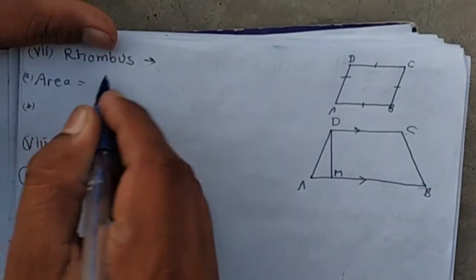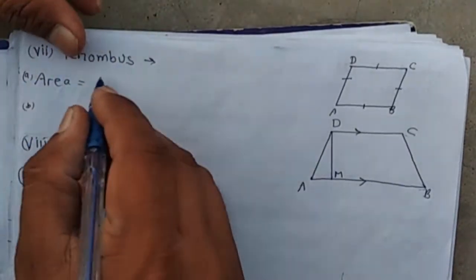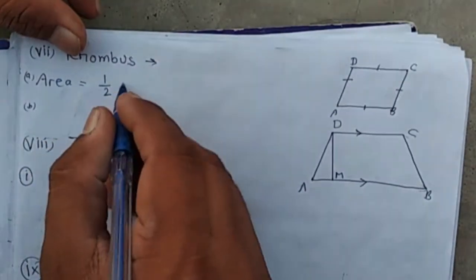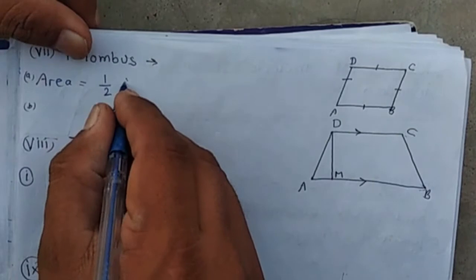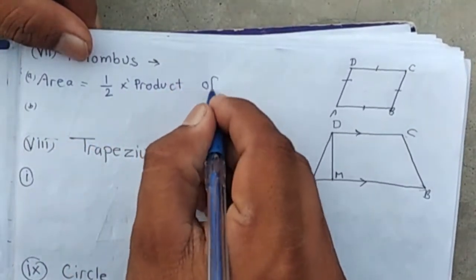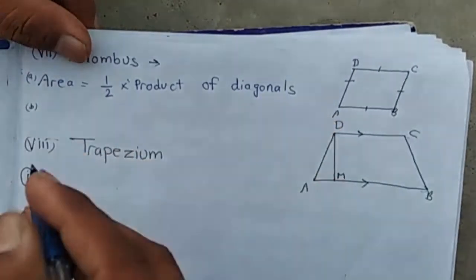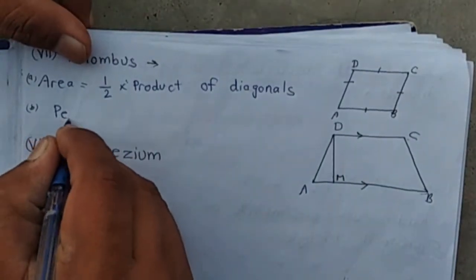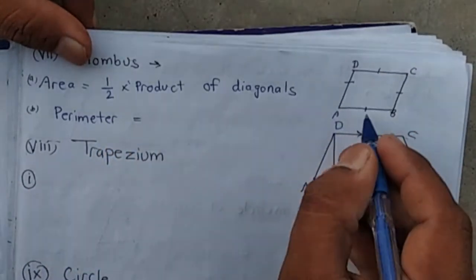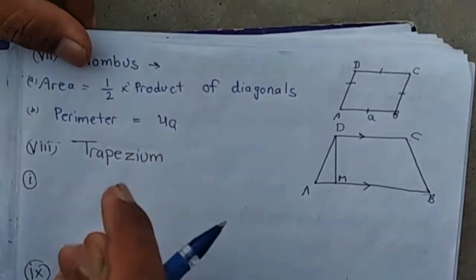Area of a rhombus is given by 1/2 into the product of the diagonals, and the perimeter is given by the sum of sides, meaning if the length of a side is A, then it is 4 into A.